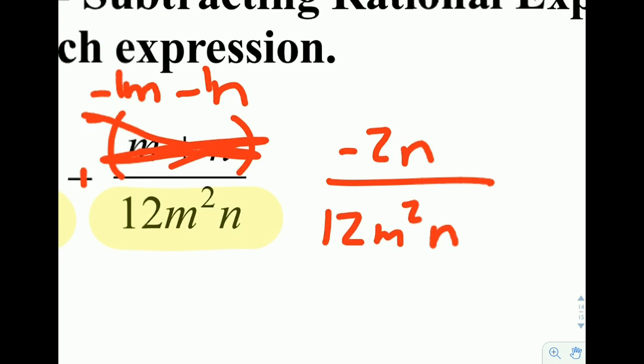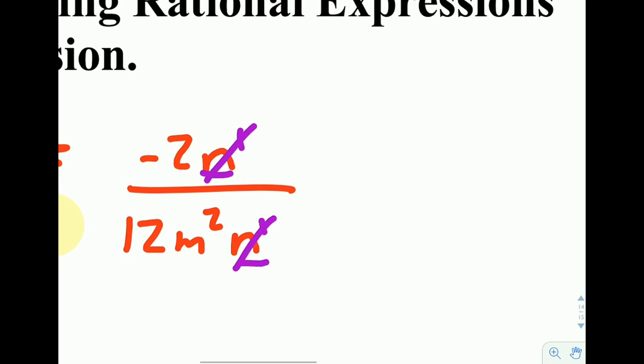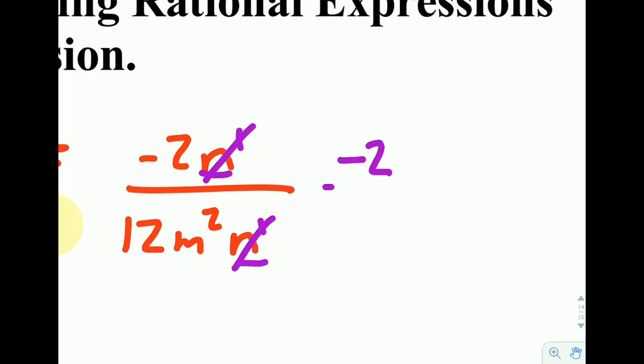And when I look to see if I can reduce it, I actually see that I have an n to the 1 on top and on bottom. Those do divide out to 1, so they do cancel each other, leaving you with a final answer of -2 over 12m squared. Actually, look at that.